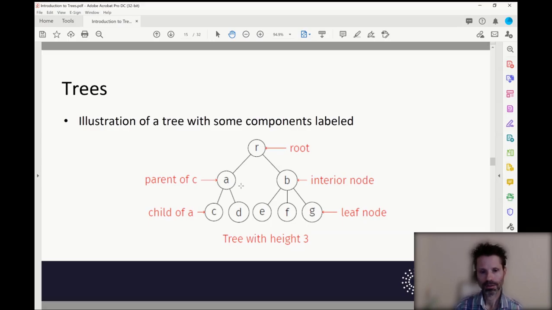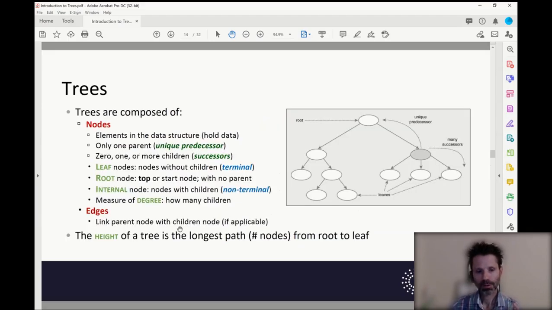Now, when we refer to the height, it's the longest path from root to a leaf node. So in this particular example, note that we jump 1, 2, 3 to get down from this root to this leaf. And if we go down this way, 1, 2, we only jump down 2 edges. So here we would take the maximum of all of those such paths or routes from any node to another, here the root node to a leaf node.